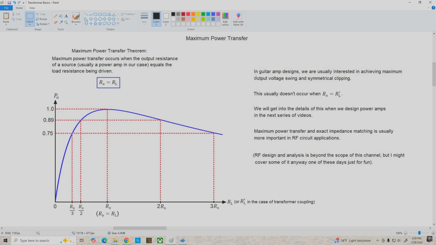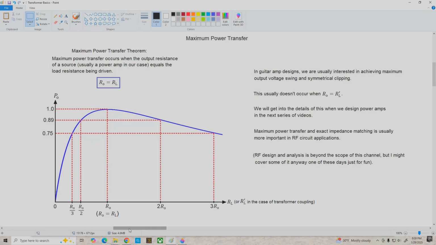But usually they'll be in the same ballpark, so it's not that bad of a trade-off. We care most about maximum power transfer and impedance matching when we're dealing with RF circuits. We're not going to do much of that here, maybe sometime 100 videos down the road, but for now, this is as much as we need to say about maximum power transfer.